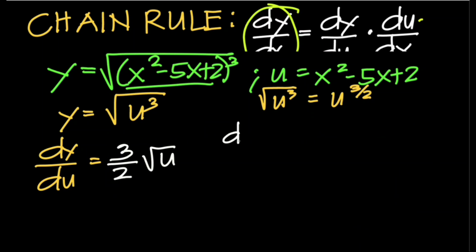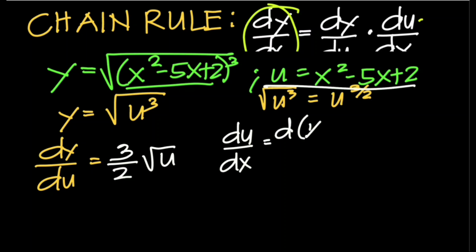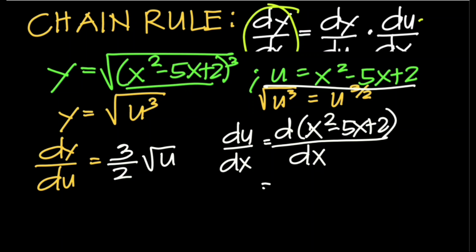So du over dx is just the derivative of u. U is x squared minus 5x plus 2 with respect to x. Then we derive this function, each of the terms. So this is 2x. The derivative of negative 5x is negative 5. And the derivative of 2 is 0.